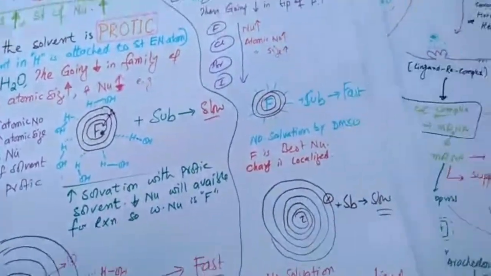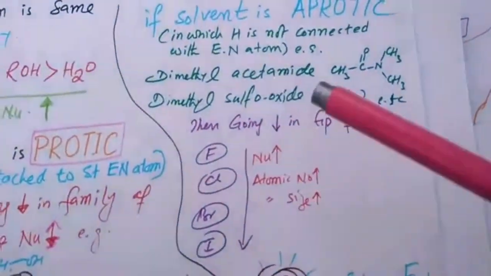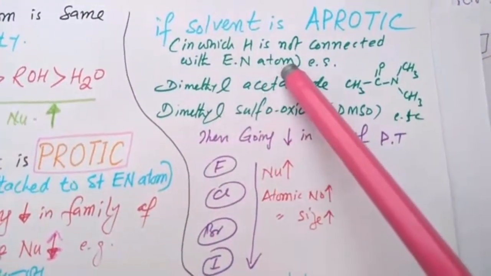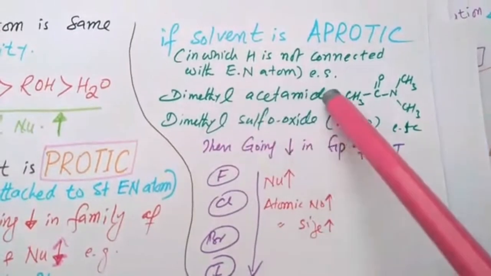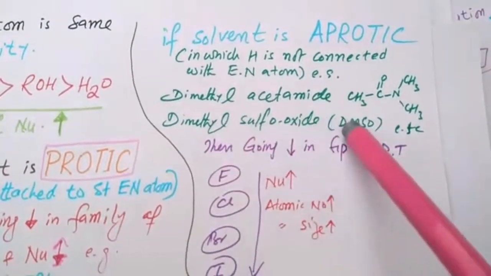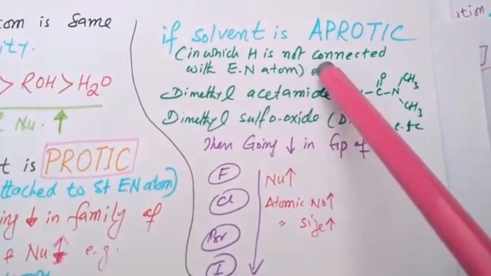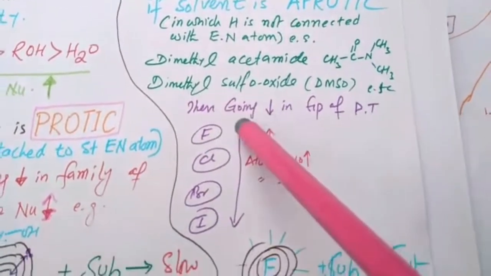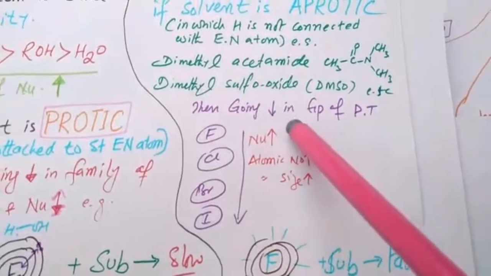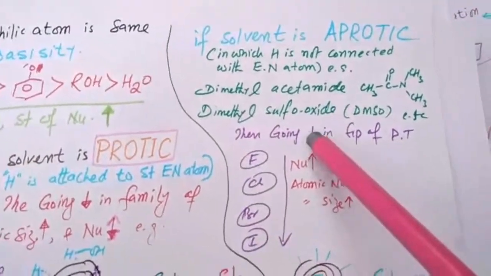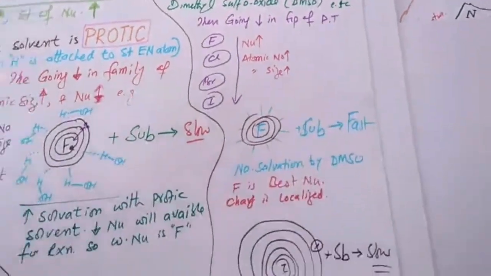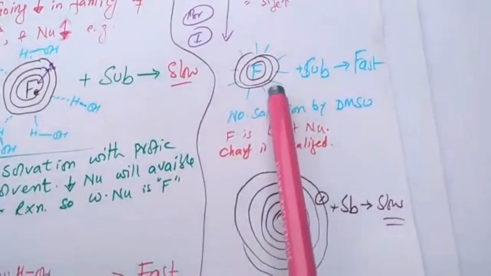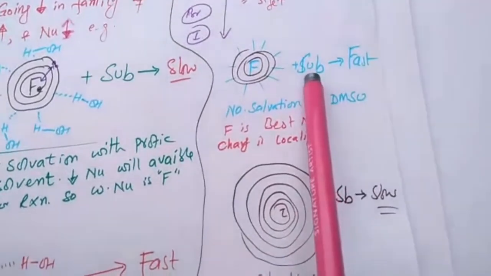Now if the solvent is aprotic, in which hydrogen is not connected directly to an electronegative atom, for example dimethylacetamide and dimethyl sulfoxide, they are aprotic solvents. If the solvent is aprotic, then going down, the nucleophilicity will decrease. Let's take fluorine.